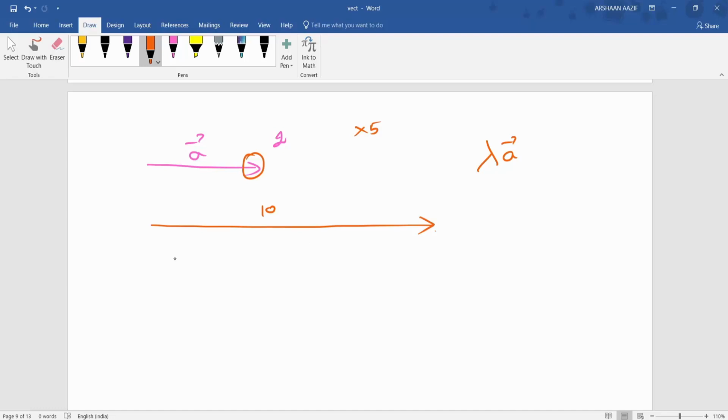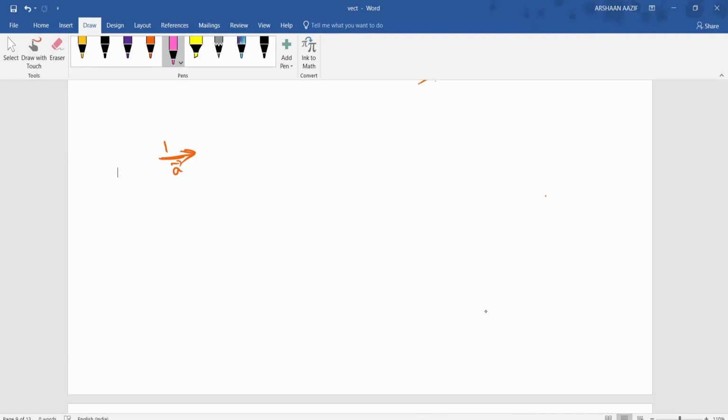It will be the same, right? It will reduce proportionally. For example, if I divide this by 2, my vector will become a magnitude of 1, acting in the same direction. So this is about your vector addition, subtraction, and what happens when you multiply it with a scalar. When you multiply a vector by a vector, it is altogether a different case, which we'll be learning in later stages. We'll go ahead with the next concept.